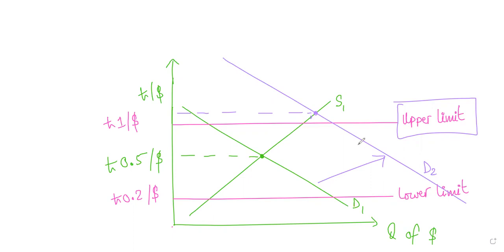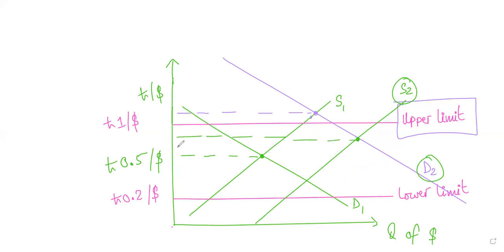They will increase the supply of dollars, exactly what you were doing in the previous case. They will sell dollars and buy rupees. And now you can see that the new supply and new demand curve are intersecting at this level, which is within the limits. How many of you are clear on this? Is it making sense?